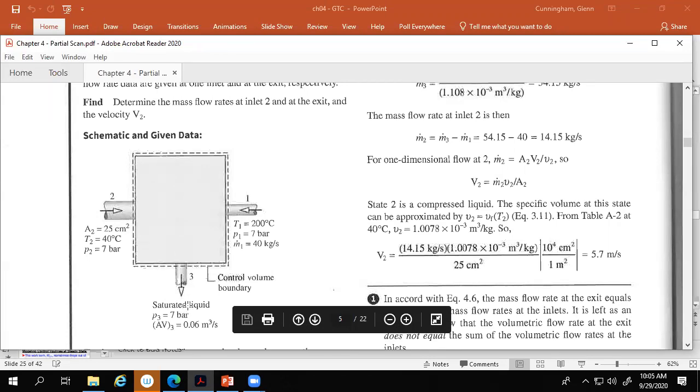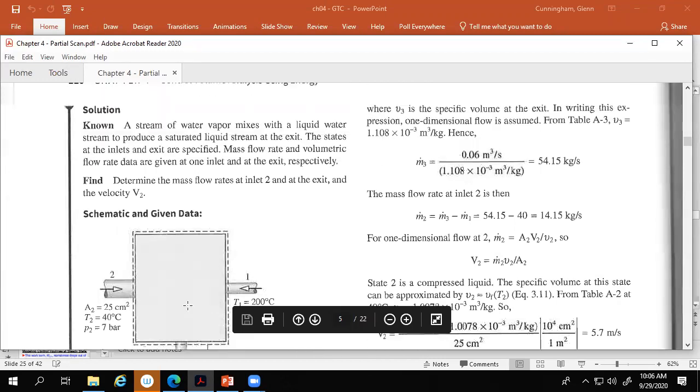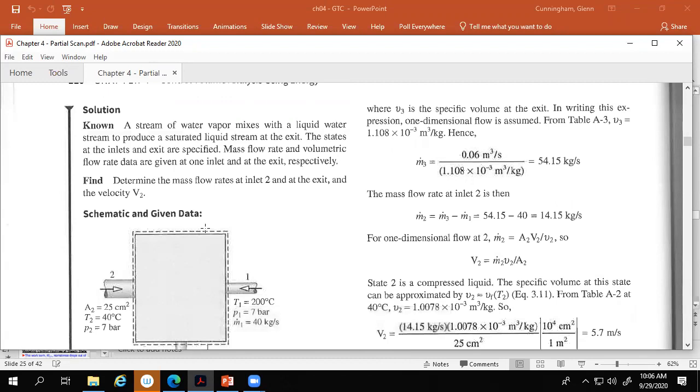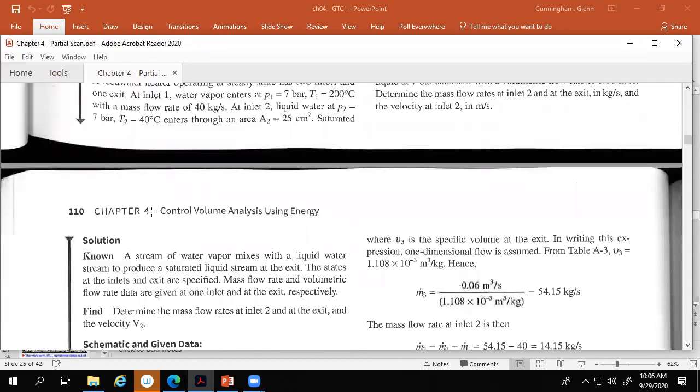Okay, it's a pretty simple device. Now, in reality, you would have a little vent up here venting your non-condensable gases and oxygen, and a little bit of steam would have to go with it to get it out of there. But he decided not to put the vent on there. So let's see what he says here.